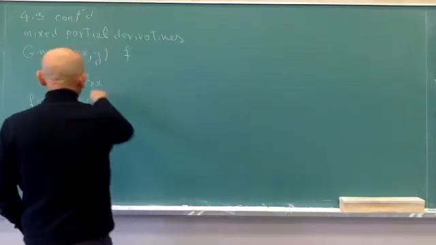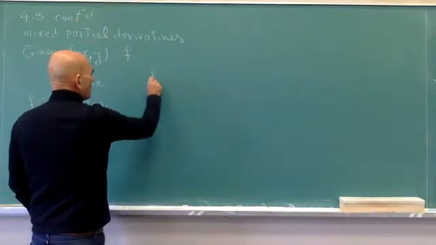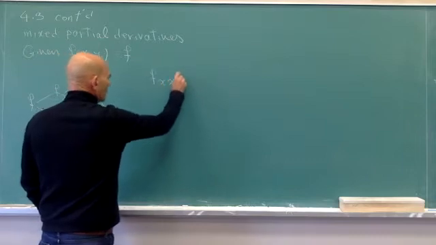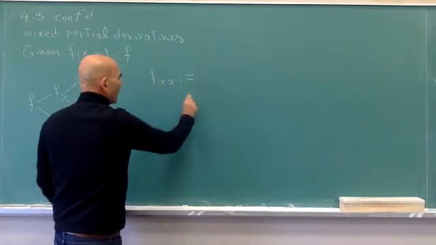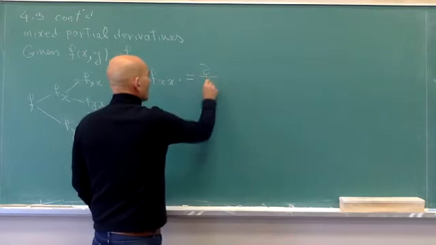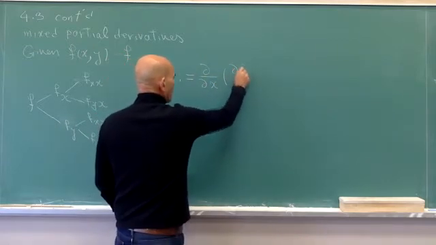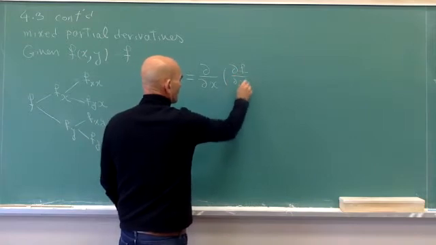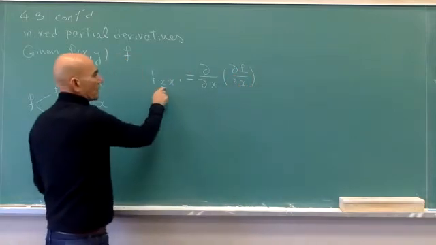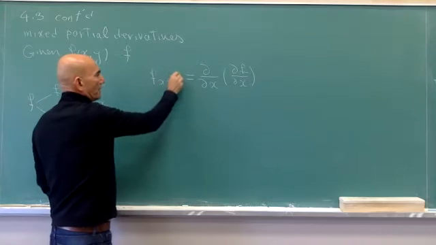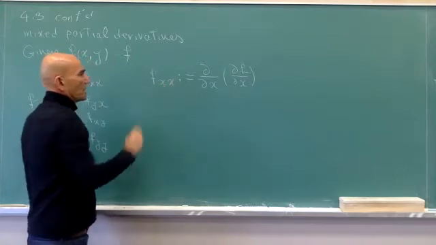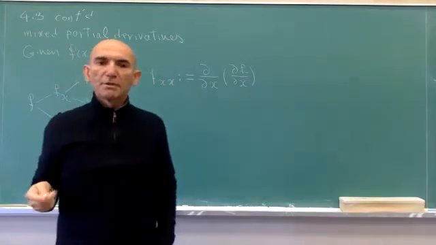Of course, this f sub xx really means partial with respect to x of partial of f with respect to x. That's a concise and very economical notation for the second partial derivative with respect to x.